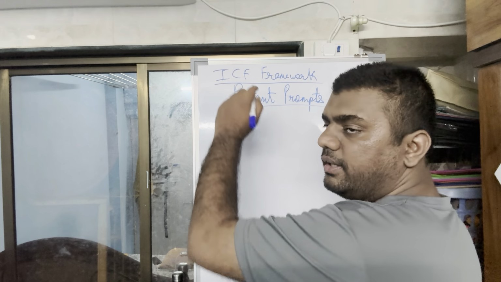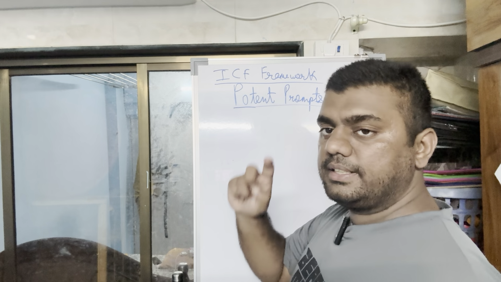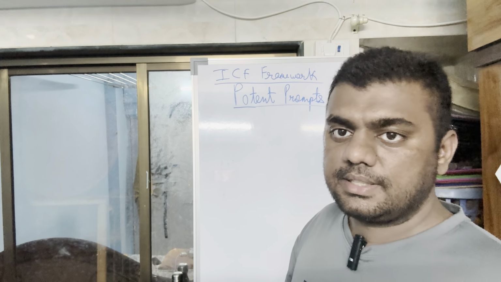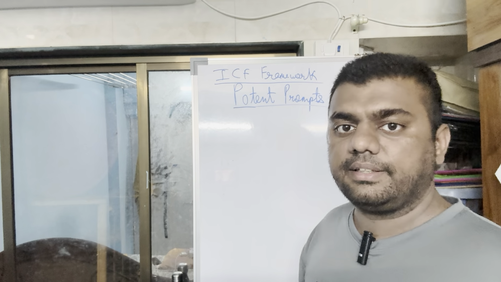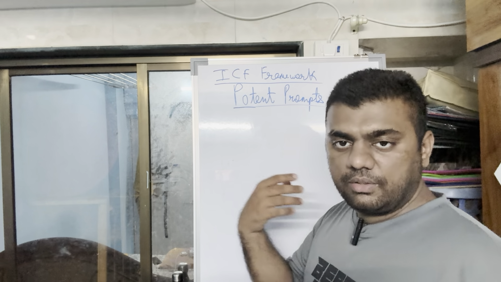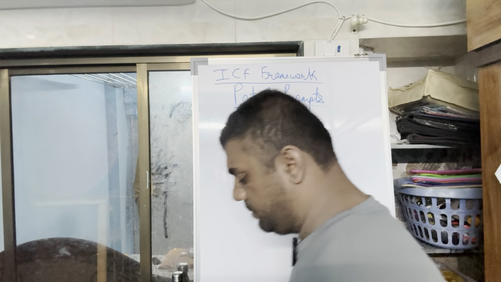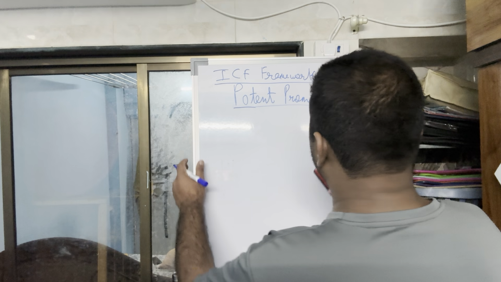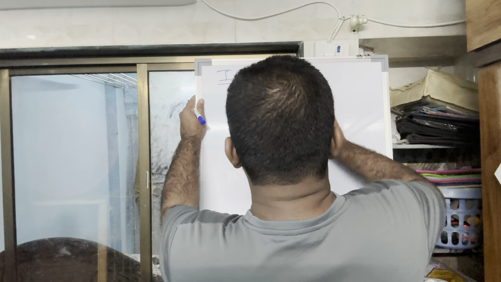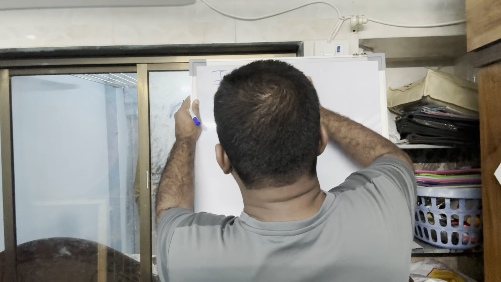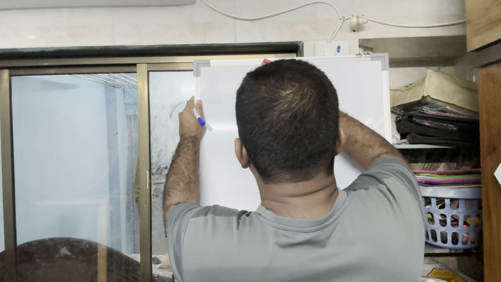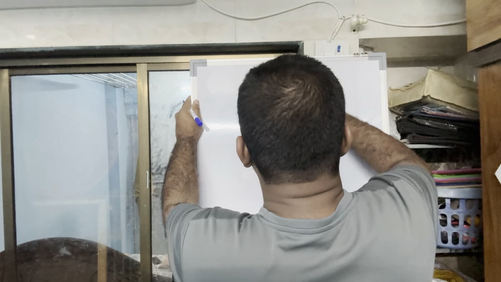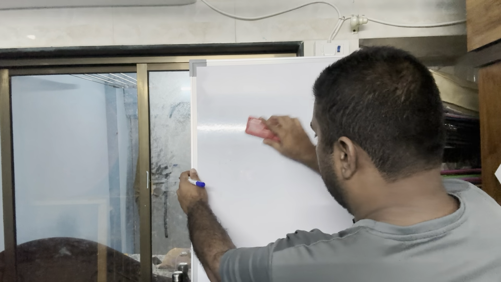So I is for intent, C is for the correct choice of words, and F is for framing the sentence correctly. So this is the powerful framework which I'll be using again. So let me write the prompt for you, and let me explain to you how to use potent prompts, how to combine these two, and then leverage it to generate effective results.